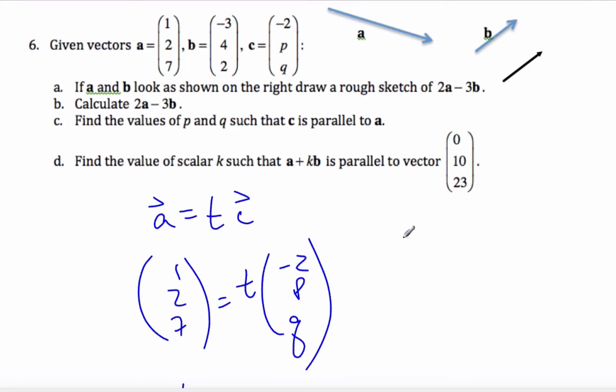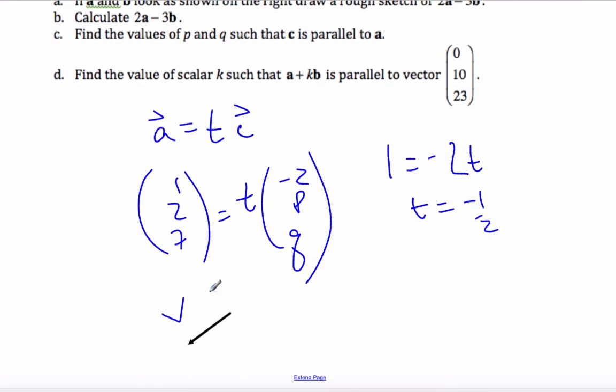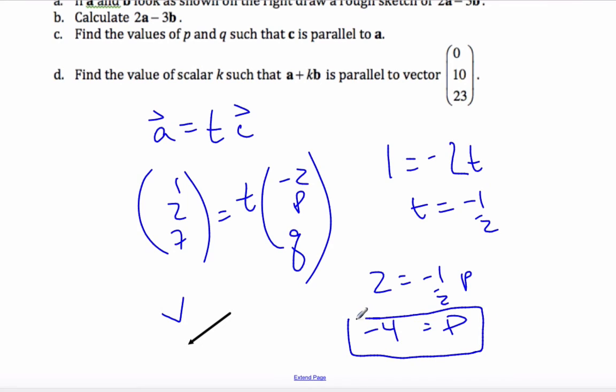Well, from my x component, 1 is equal to -2t, so t is equal to -1/2. Then 2 is equal to -1/2 p, and so p is equal to -4. I also know that 7 is equal to -1/2 q, and so q is equal to -14, using the idea of parallel.